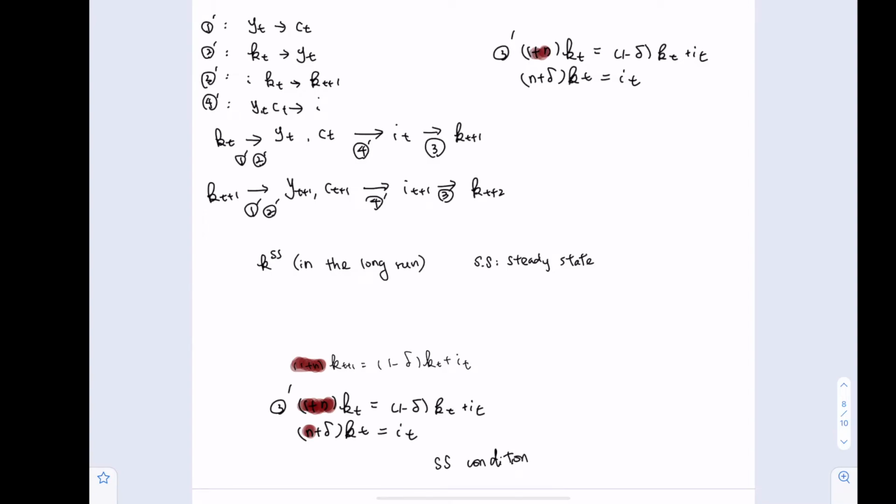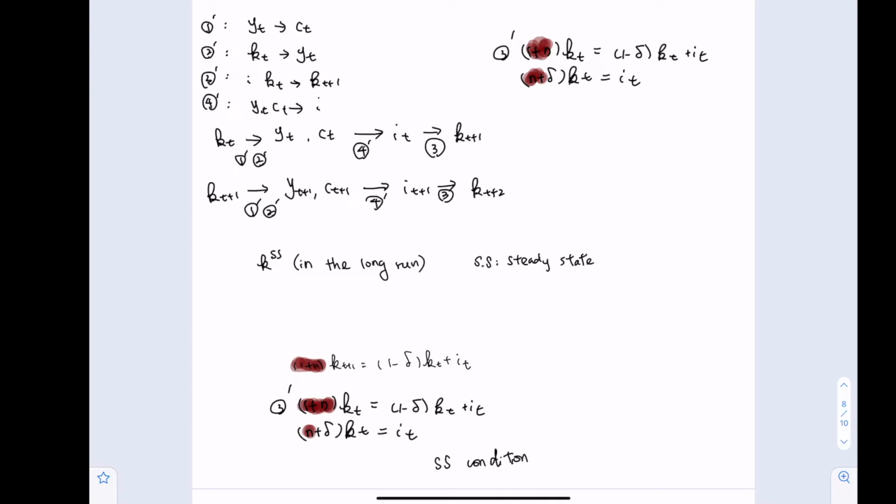So you say, hey, now this is more intuitive. That is because if the economy wants to have the capital stock stay at the same level, we want to have our investment exactly equal to the wear out of the capital stock. And then the capital stock level will stay the same.